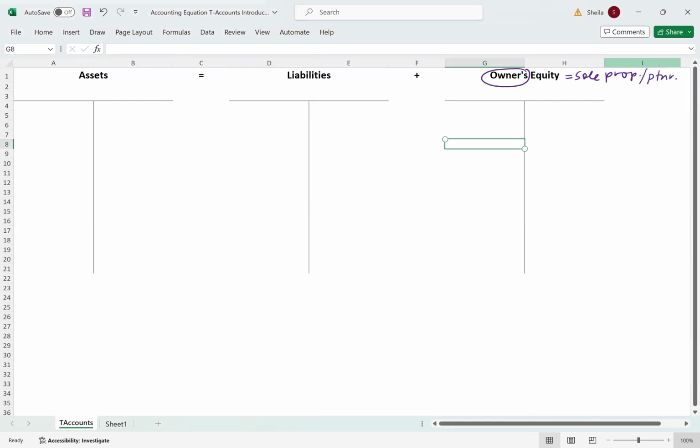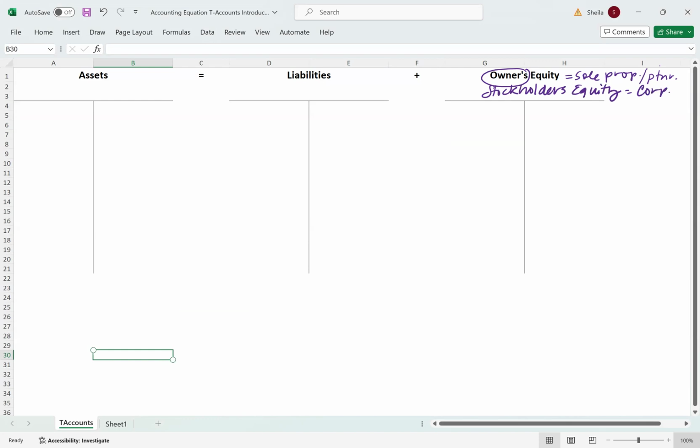That's important because whether we are talking about a sole proprietorship, a partnership, or a corporation means that our equity is structured a little bit differently. We're primarily in this class going to focus on what's called stockholders' equity. Stockholders' equity is for corporations.